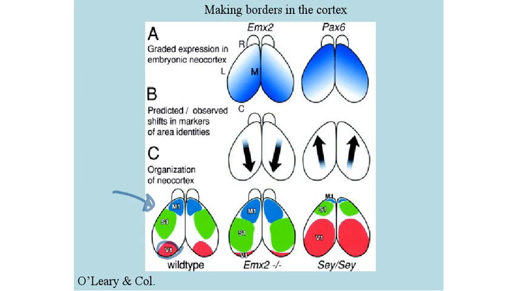If this transcription factor is removed, you can see how the somatosensory cortex and visual cortex, instead of being well organized this way, the visual cortex is suddenly going to become very tiny, and the S1 is going to take more of the space.